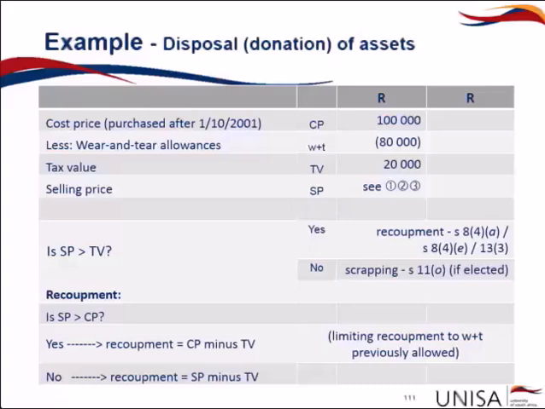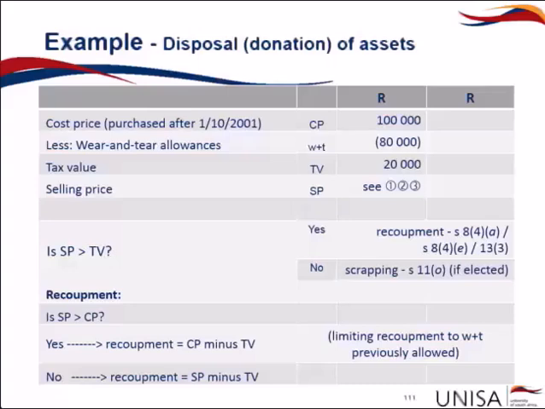In order for there to be a recoupment, it must obviously be a depreciable asset, an allowance asset. If there is a recoupment, we're either going to apply Section 84A or 84E. If there's a scrapping allowance, we need to elect Section 11O.